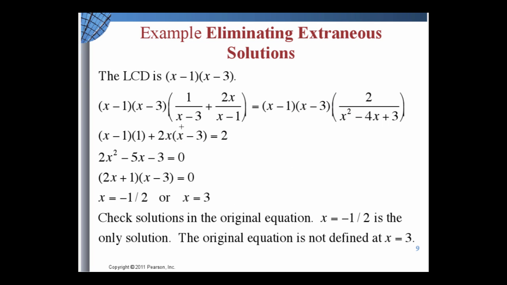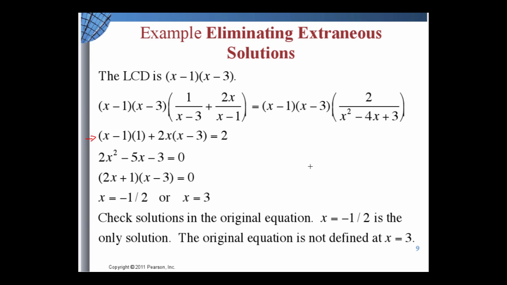Now we use the LCD. So the LCD is those two factors, and we multiply the entire equation by the LCD. Here we see the LCD multiplied by the left side, LCD multiplied by the right side. This is the resulting equation. And again, it's quadratic, so we solve this quadratic equation.